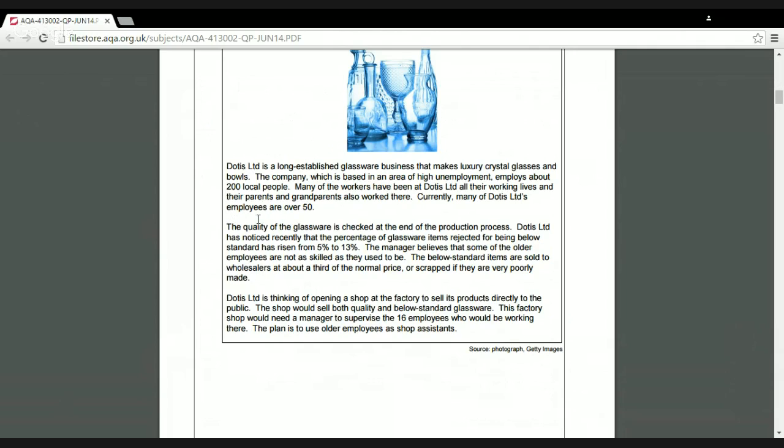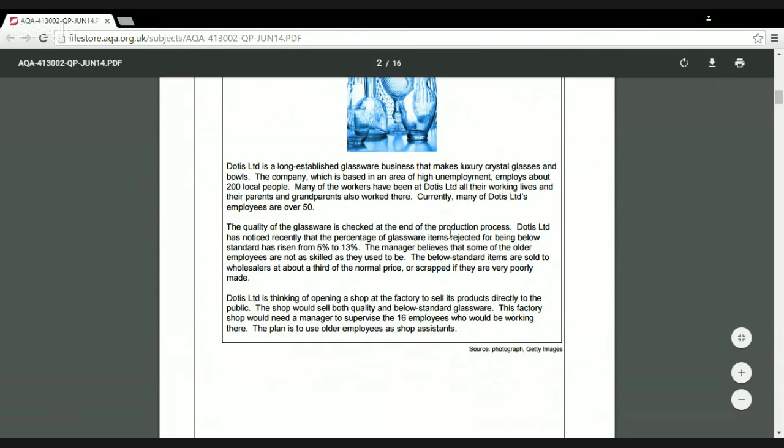The quality of the glassware is checked at the end of the production process. Dotis Limited has noticed recently that the percentage of glassware items rejected for being below standard has risen from 5% to 13%. This suggests that some of the older employees are not as skilled as they used to be. The below standard items are sold to wholesalers at about a third of the normal price, or scrapped if they are very poorly made.